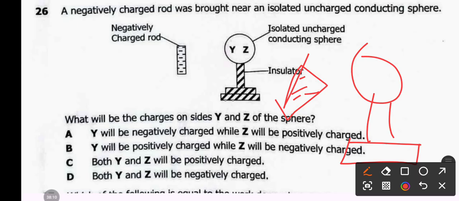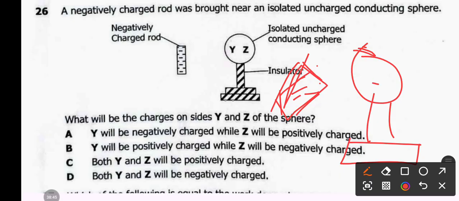When this occurs, we follow the basic law of electrostatics, which says that like charges repel. So if we bring a negatively charged rod close, the electrons on this surface will be repelled by the nearby electrons.